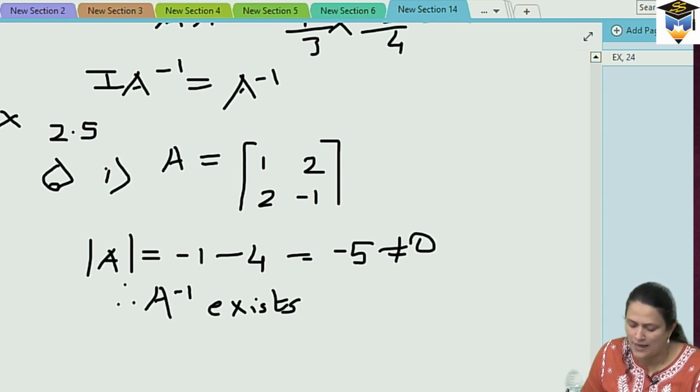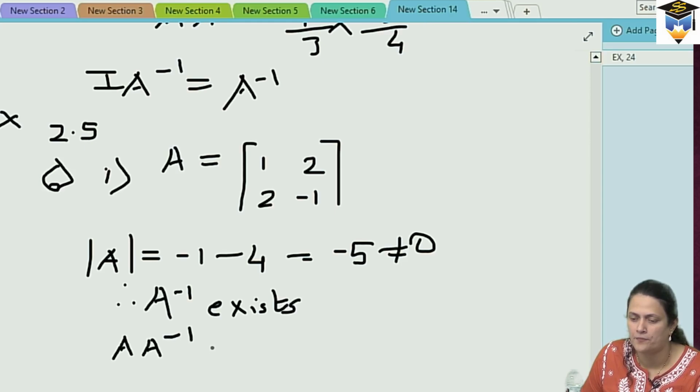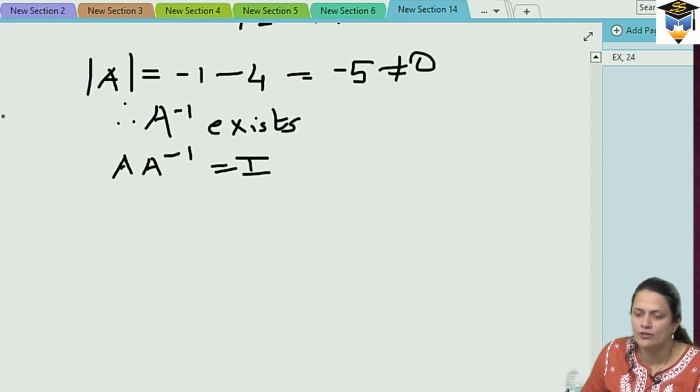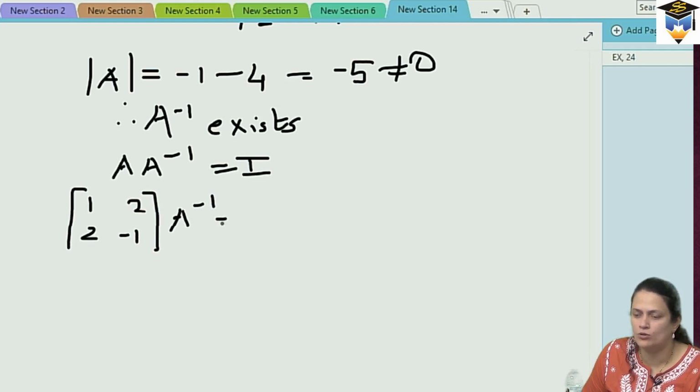Now, we already know that A into A inverse is nothing but I. So now what I am going to do? I am going to write A as it is. A is given to us as 1, 2, 2, minus 1. A inverse is not given to us, we have to find out A inverse.